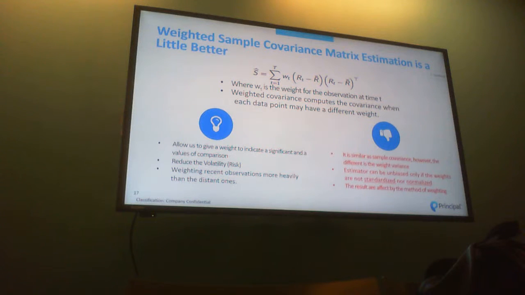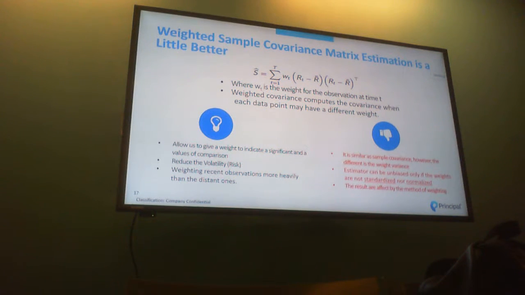The third is weighting recent observations more heavily than older ones, which is good because as time moves, we will just ignore the past data, which has a longer time.